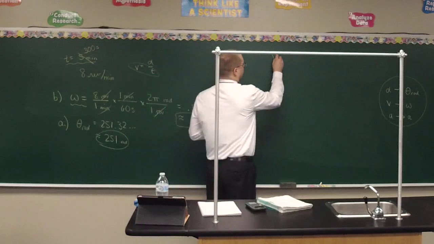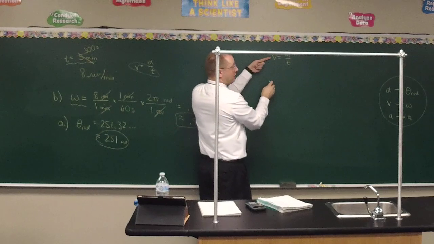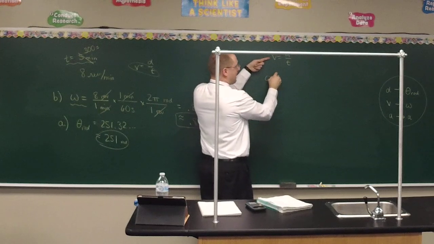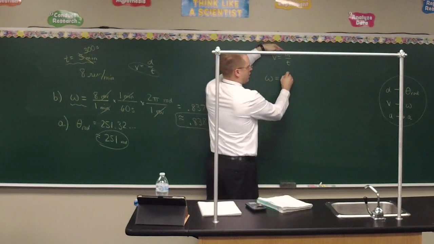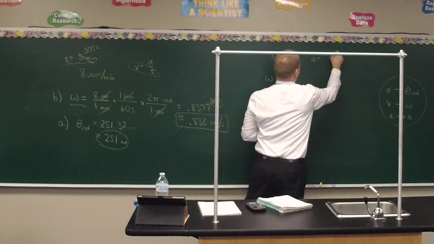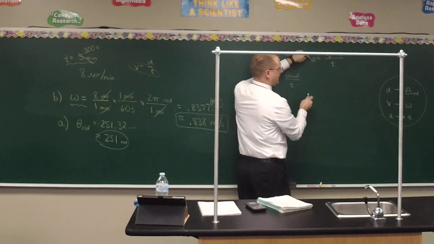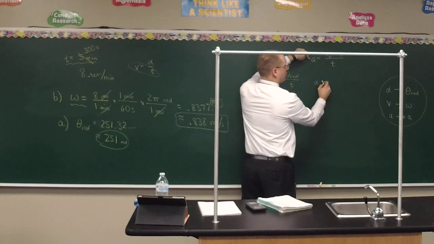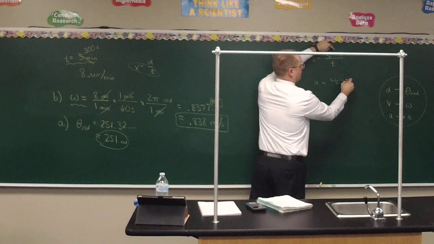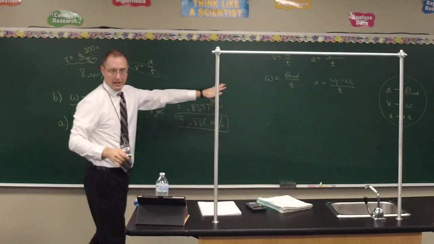One of them was v equals d over t, which we've already changed class to say omega equals theta rad over t. Another one's a equals v sub f minus v sub i over t, which we've already changed class to say alpha equals omega sub f minus omega sub i over t. So these 2 equations you already have in your notes.